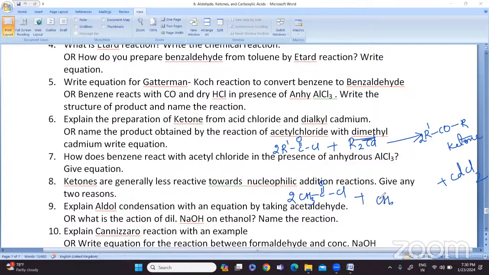So I take CH3 twice and Cd, dialkyl cadmium. So what is the expected product? The product is 2 CH3 C double bond O CH3 plus cadmium chloride.